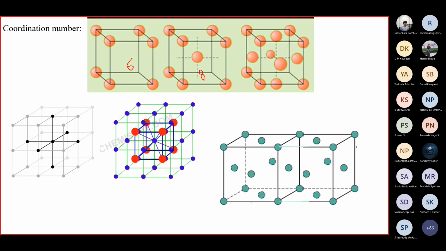So let us consider this one as the extended face-centered cubic, and in this, let us consider this plane, which is one of the faces, with 4 atoms at the corner and 1 atom at the center of the face. Then let us join the atoms which are at the center of the faces.